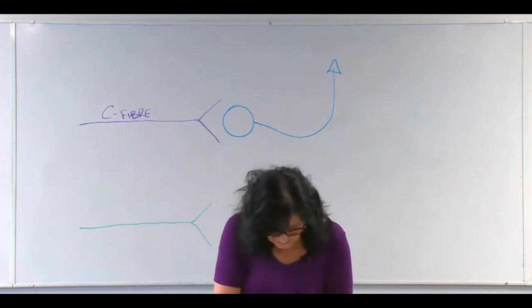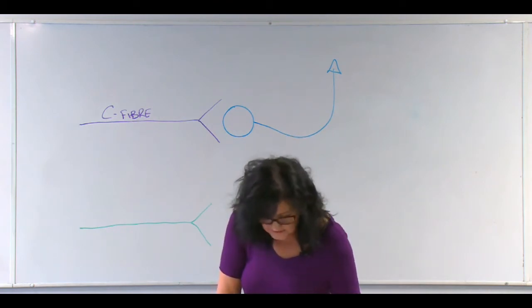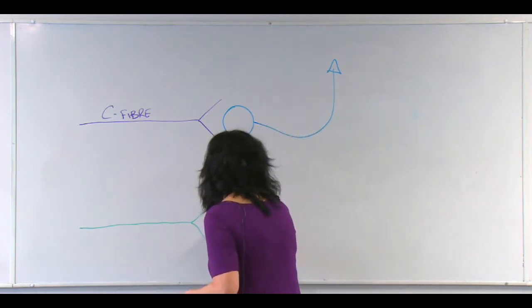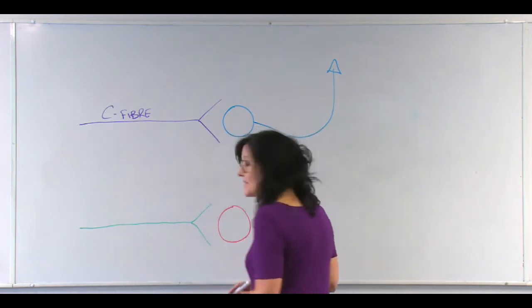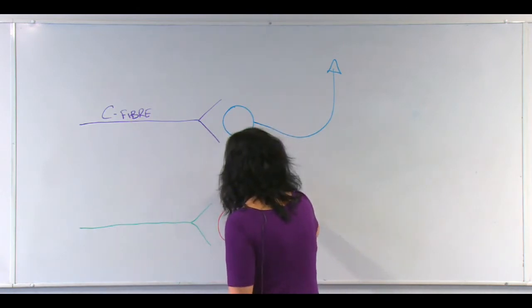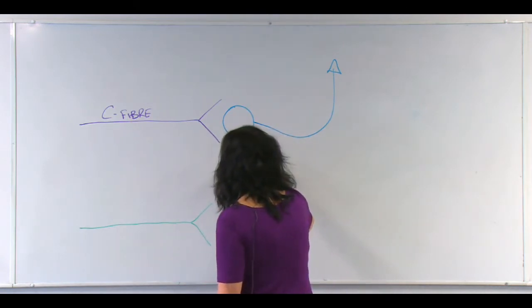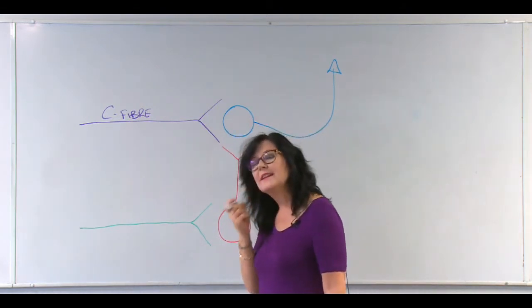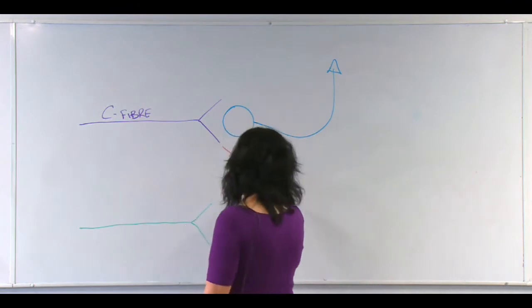So to do that, what we actually need, we'll have it in red, remember our old friends, the little interneurons. So we can have an interneuron. This interneuron is an inhibitory interneuron.